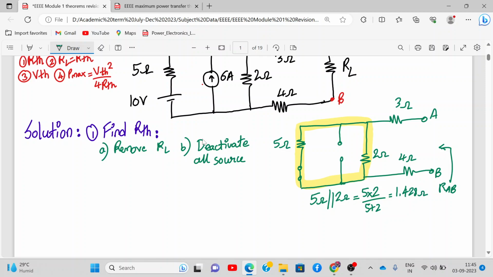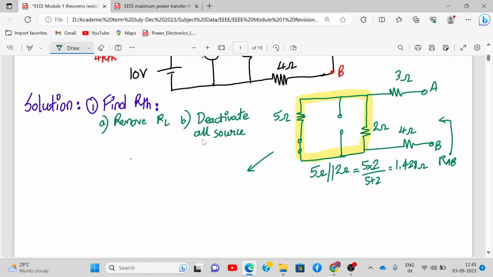Please check. Yes, sir. Okay, now this I will draw over here and the remaining two resistances. So this is my A and B. This is 3 ohm, this is 4 ohm, this is 1.428 ohm.